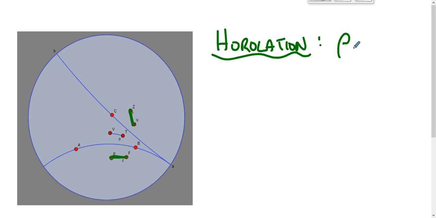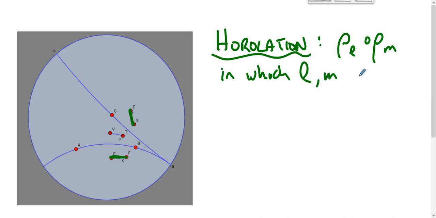And a horolation is a reflection in line L composed with the reflection in line M, in which L and M are asymptotically parallel.